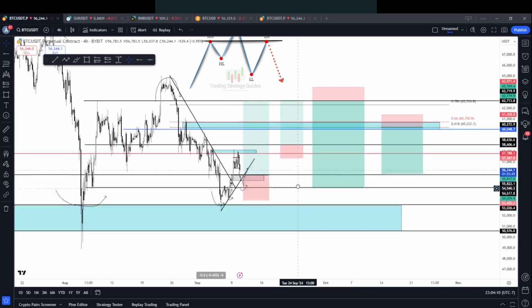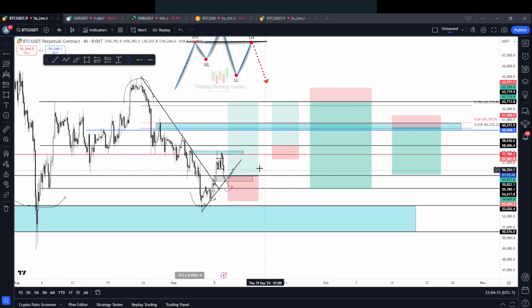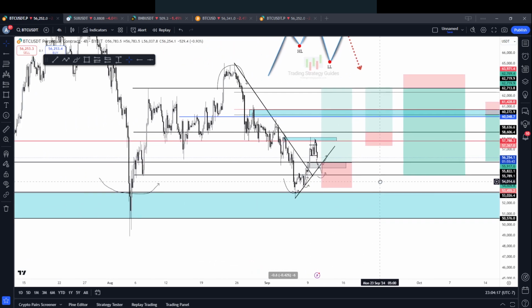Now let's talk about the contingency plan if we break to the downside. If this is going to be our current lower high, then structurally you are looking for another lower low. That would have, now go check out my high time frame analysis in my previous video.